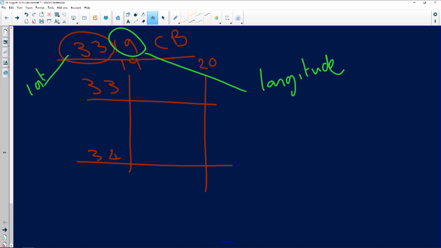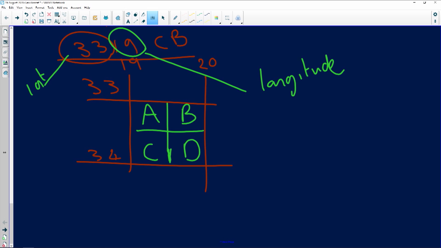So what do we do? We take our grid and we divide it into 4 blocks, A, B, C, and D. Okay, so what did we identify? We know we found the town of Worcester at 33 degrees latitude, 19 degrees longitude, and big block C. So we know it's situated in big block C. So what do we do now?